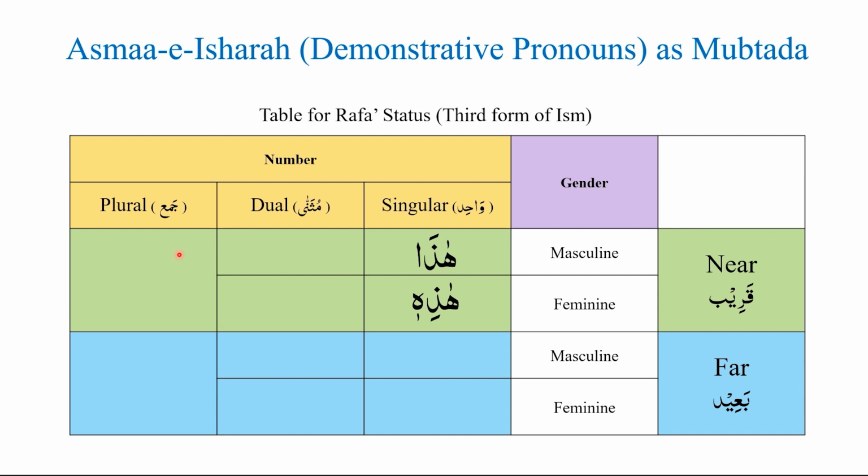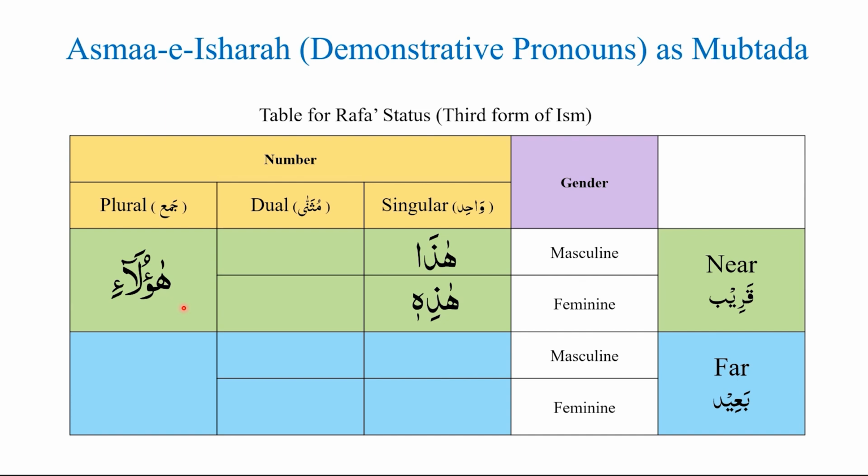The plural demonstrative pronoun for near is the same for both masculine and feminine, and that is ha'ula'i. So if we are to point towards people or things that are near, we will use the demonstrative pronoun ha'ula'i.